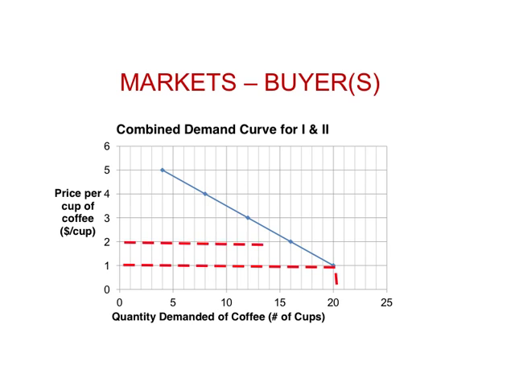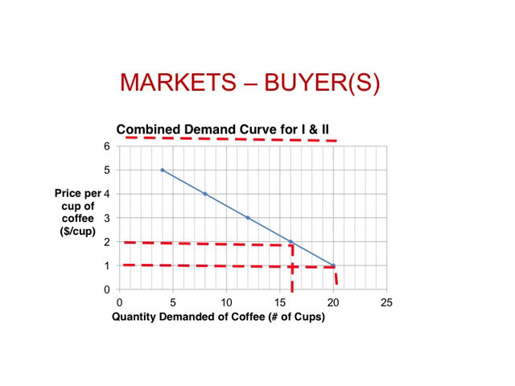When the price is $2 per cup, both consumers together will demand 16 cups of coffee, and so on. And so what we have is a combined demand curve for both consumers taken together.